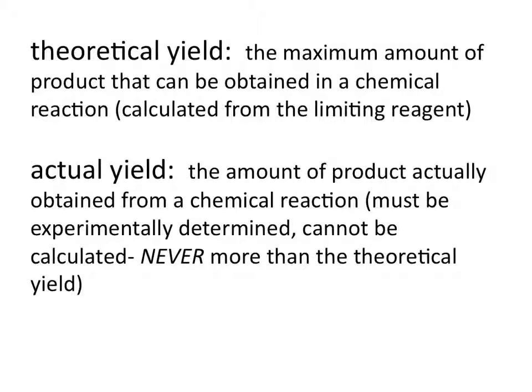It's not something you could calculate looking at the balanced equation, where the theoretical yield can be calculated using a balanced equation. And your actual yield can never be more than the theoretical yield, which just means that you can't ever obtain more product in an experiment than is theoretically predicted using the balanced equation.